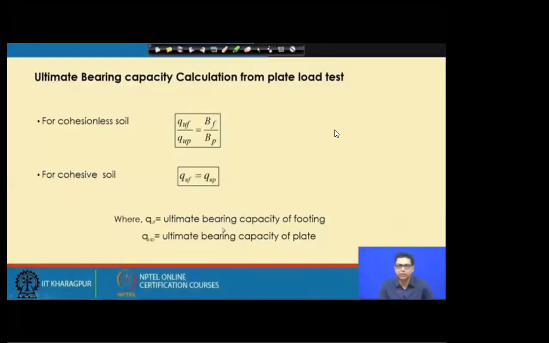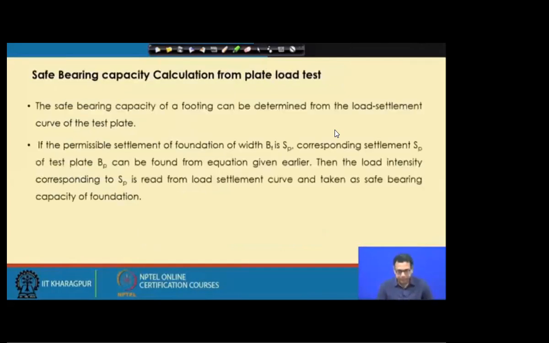That is why the width is not giving any effect, and the ultimate load carrying capacity of the plate is equal to the ultimate load carrying capacity of the foundation. Remember that your soil should be homogeneous. So, these are the correlations in terms of bearing capacity.